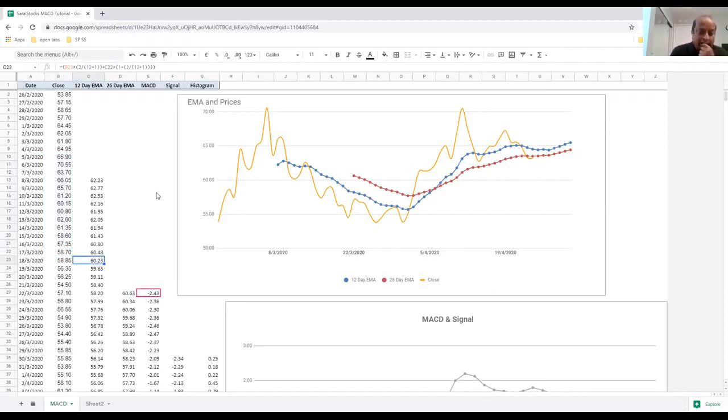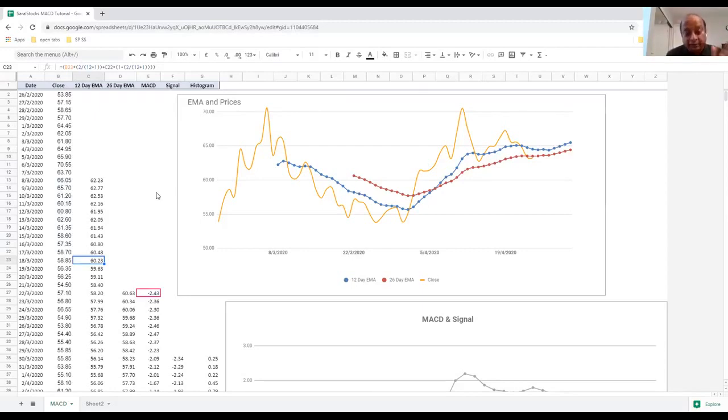Okay. Now there's a slight twist with the exponential moving average. Exponential moving average essentially gives more weightage to the latest value than the previous values. So again, the same example of the 10, 12, and 14.